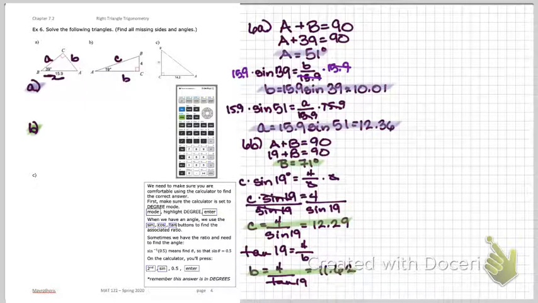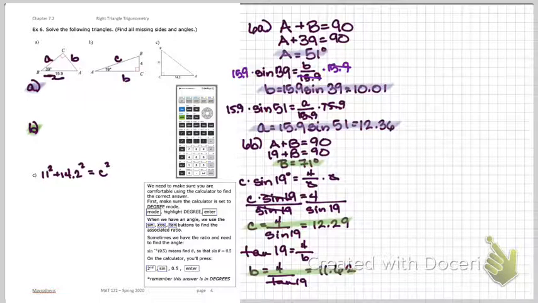Okay, so now it's time to take a look at the next triangle, and I'm going to do it over here on the page. First things first, I've got two sides, no angles. So I tend to use the Pythagorean theorem first to find that third side. A little easier sometimes than the trig functions. So we've got 11 squared plus 14.2 squared equals c squared.